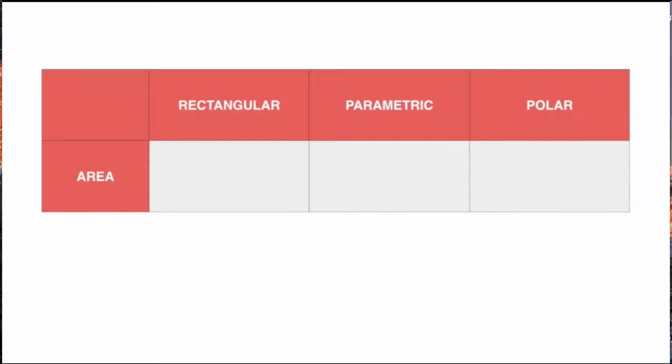Okay, now let's go back to the rectangular, parametric, and polar forms for area. The rectangular one is very easy. If we take thin slices and sum them, each slice becomes a rectangle, and the area of a rectangle is thickness multiplied by height.